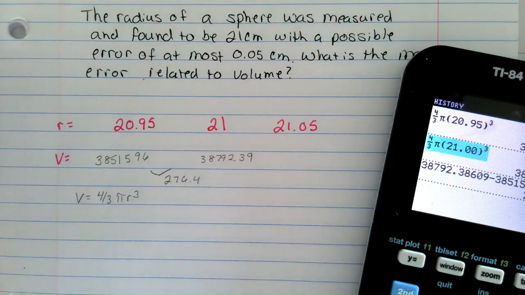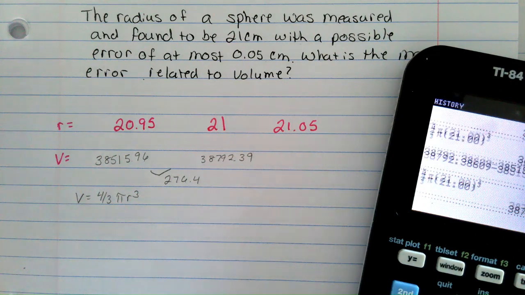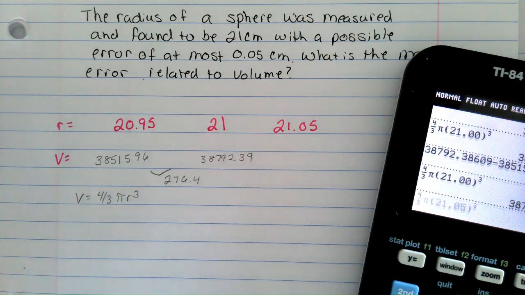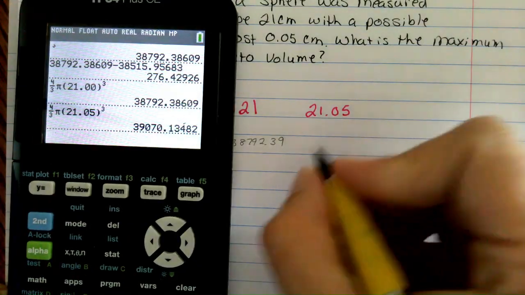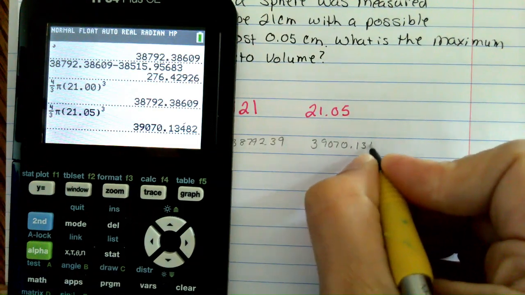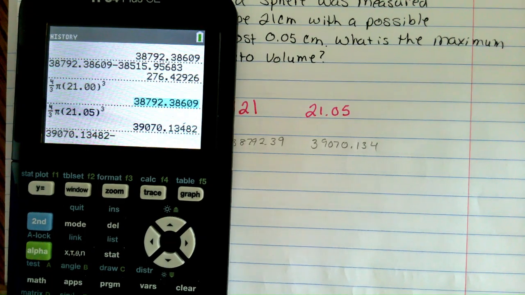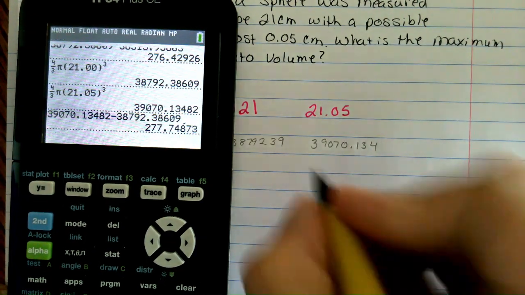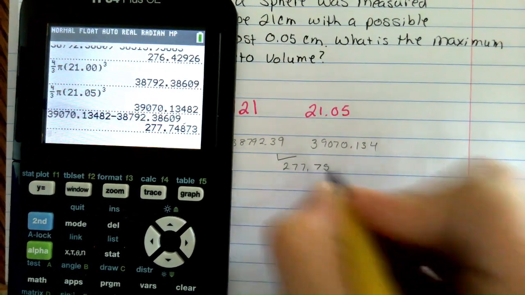Okay. I'll put that one there. 39,070.134. So how much are those off by? 277.75.